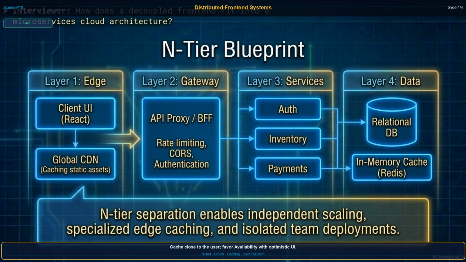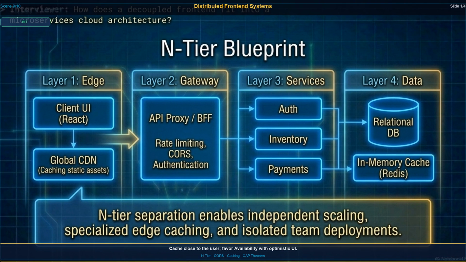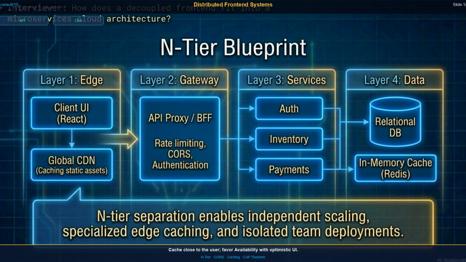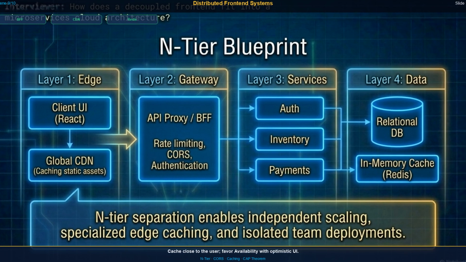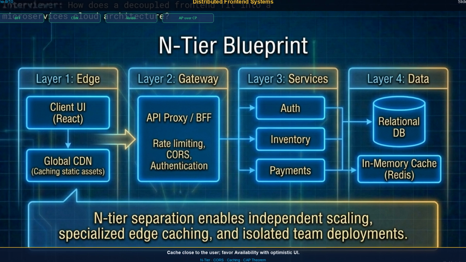Staff-level loops go beyond components into distributed systems, and this deck's second half is where you prove architecture fluency. Start with the N-tier blueprint. Edge tier, your React client UI served through a global CDN caching static assets. Gateway tier, an API proxy or backend for frontend handling rate limiting, CORS, and authentication before traffic hits microservices.